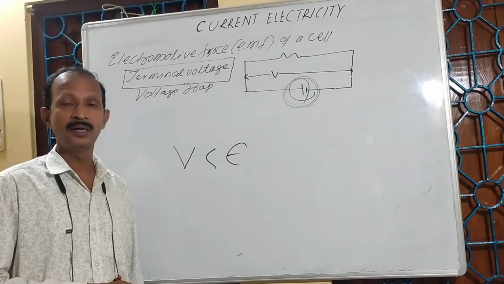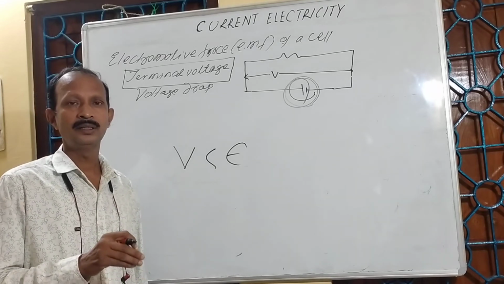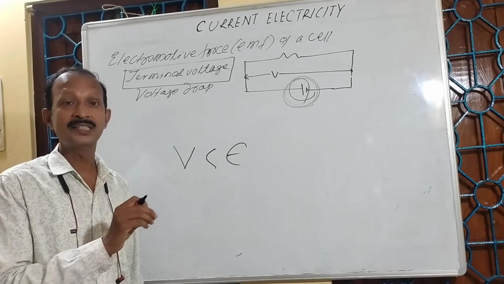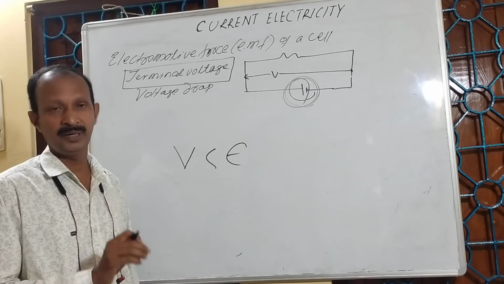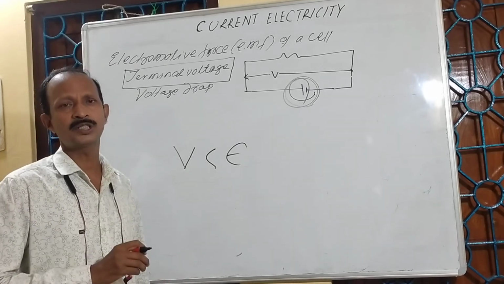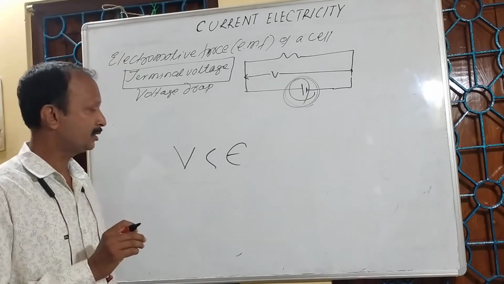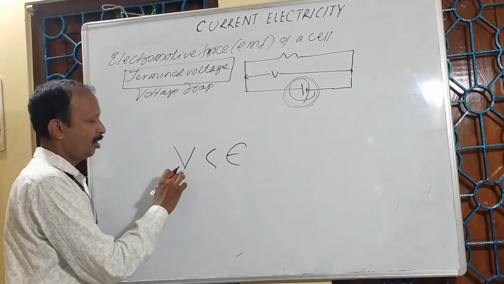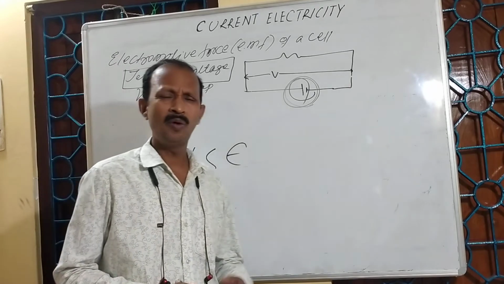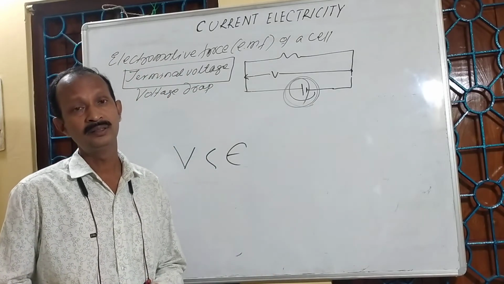How much less? It depends on how much energy is spent for carrying the charge inside the electrolyte. Because when the cell works, some work is done by its chemical process to carry the charged particles. So I said that terminal voltage is less than electromotive force. In what condition will terminal voltage and electromotive force both be equal?